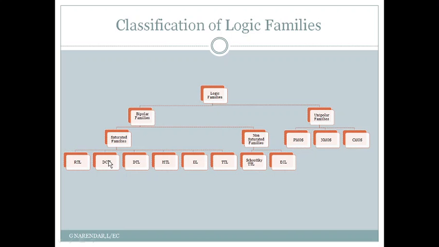The next families are DCTL, direct coupled transistor logic, and DTL, diode transistor logic. Next, high threshold logic, the HTL family. Next, the integrated injection logic family, IIL, and the transistor-transistor logic, TTL family. So this is the entire classification of the logic families based on the devices and their mode of operation.